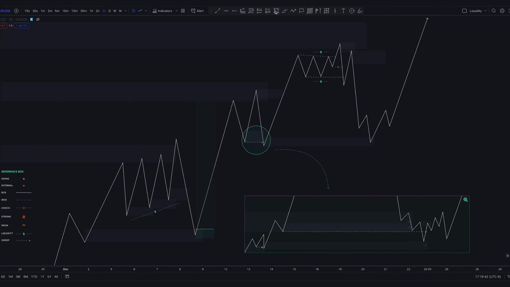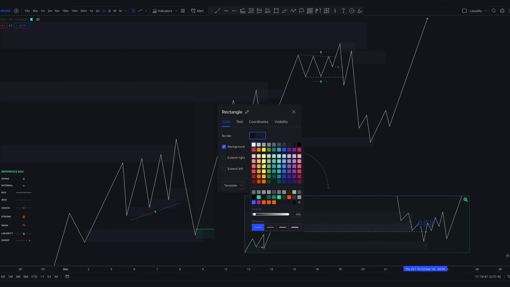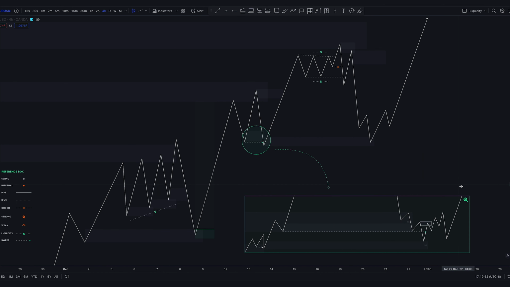Let me draw another. Let me make this a little more visible for you guys to see. So it reacted to this supply, and then there was another supply here, correct? And what price did? It broke that supply too.